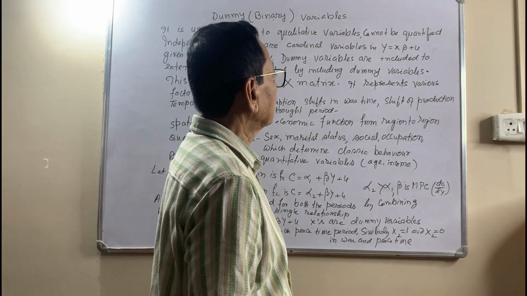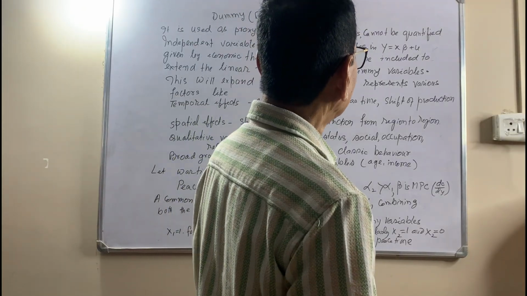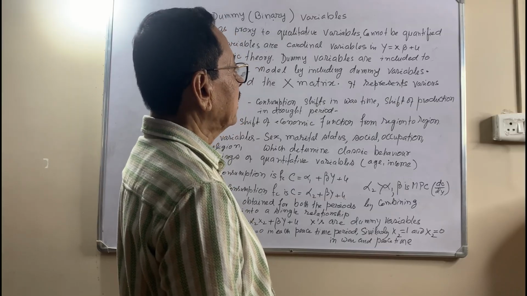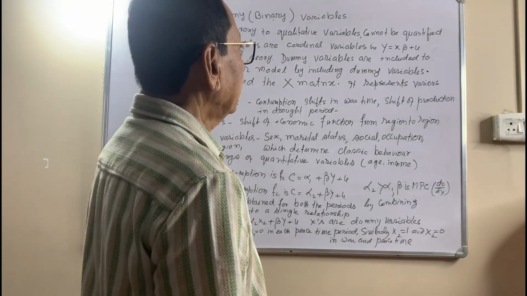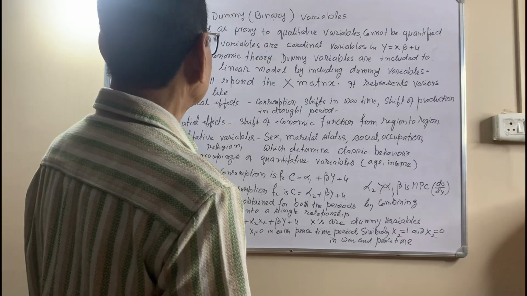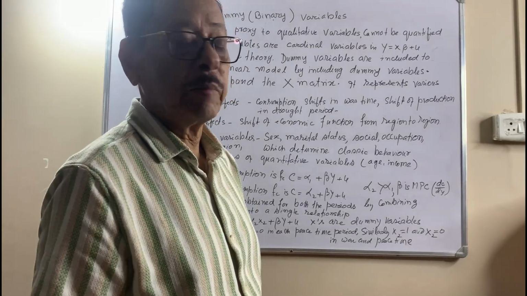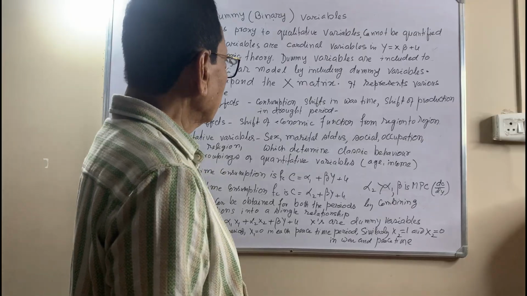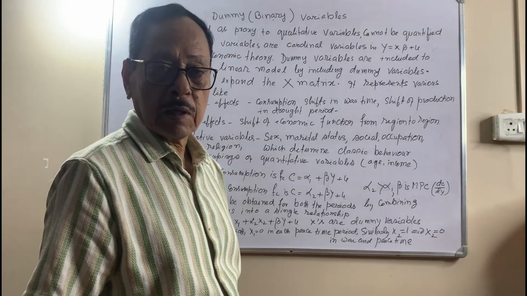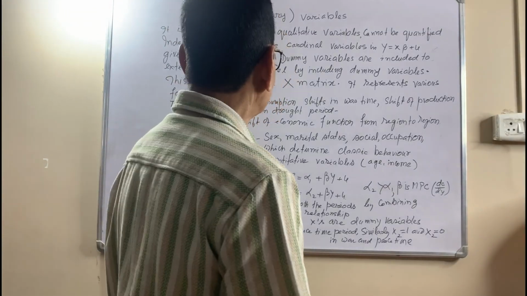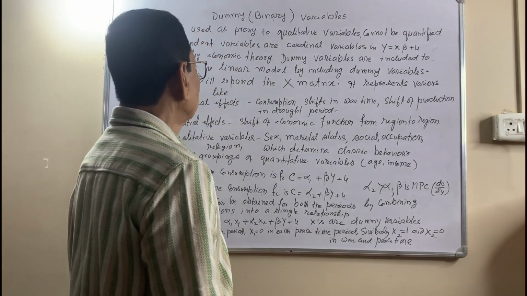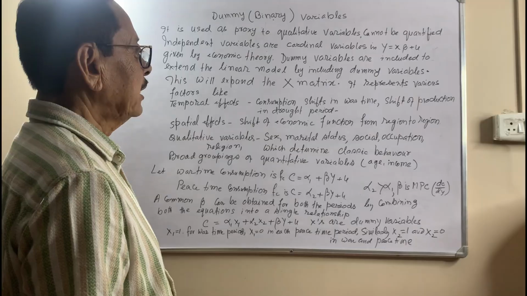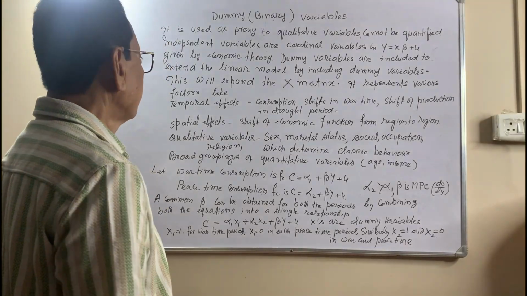Suppose y is a function of x, and the function is y is equal to x beta plus u. So x is a cardinal variable given by economic theory. Then dummy variables are included in a linear model by expanding the linear model after addition of dummy variables.